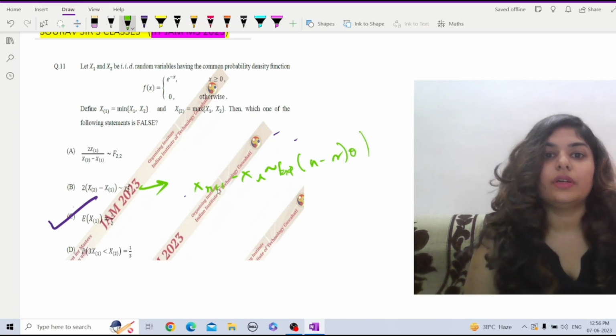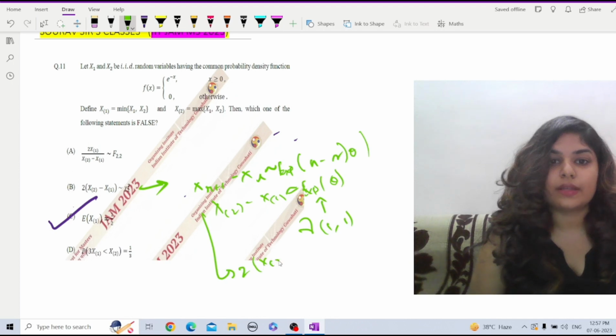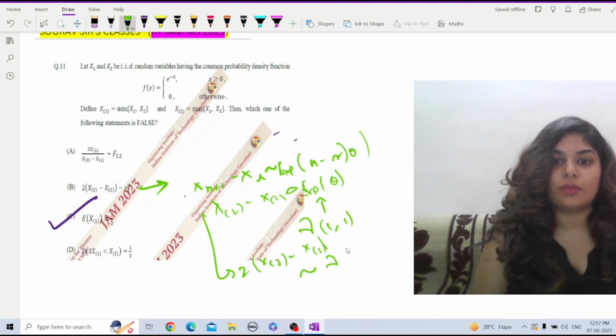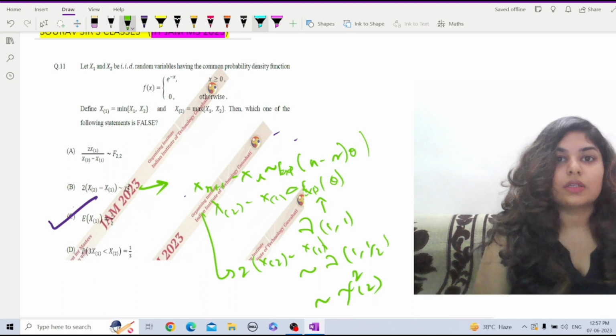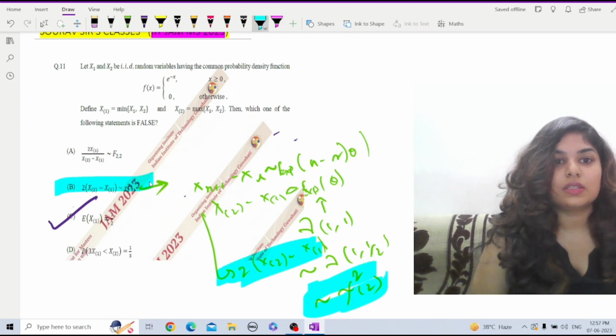Now here this is basically x(2) minus x(1), this is exponential of 2 minus 1, that is 1, into theta. Now this is basically the gamma of 1 comma 1. Now if we multiply it, 2 times x(2) minus x(1), then this follows gamma of 1 comma 1 half, that follows basically chi square with degrees of freedom 2.